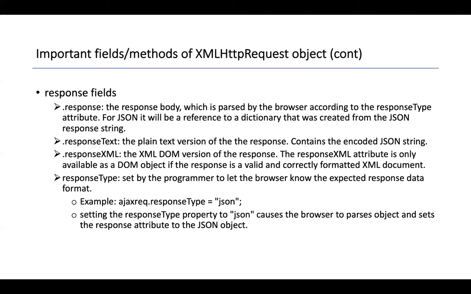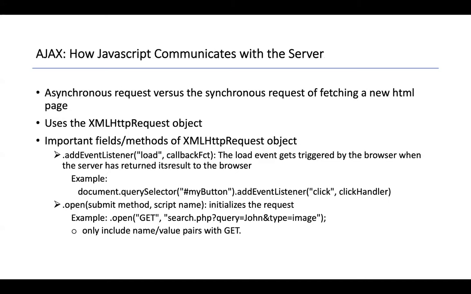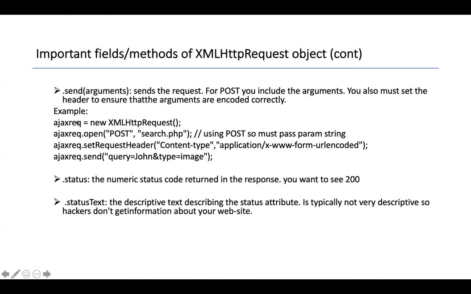So that, I believe, pretty much covers the important things. You call new XMLHttpRequest, then the open method, where you give the type of the submit and the name of the script, the URL for the script.